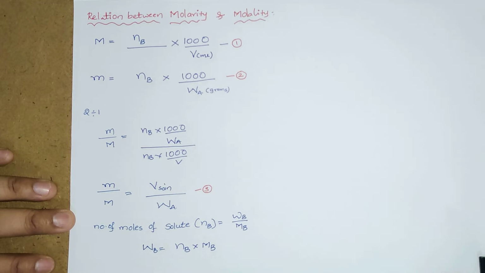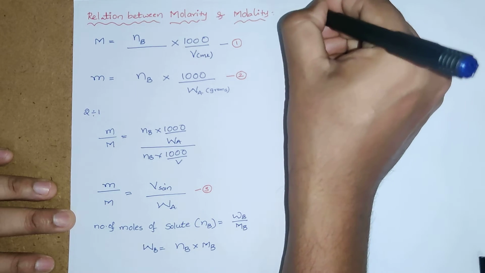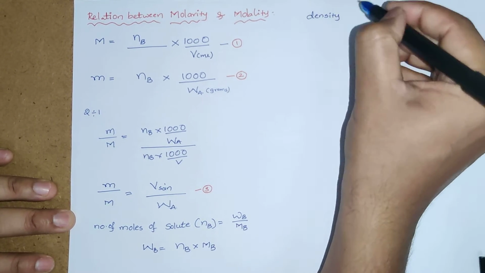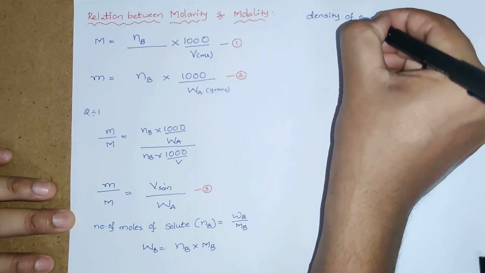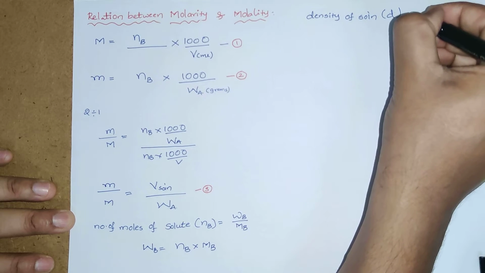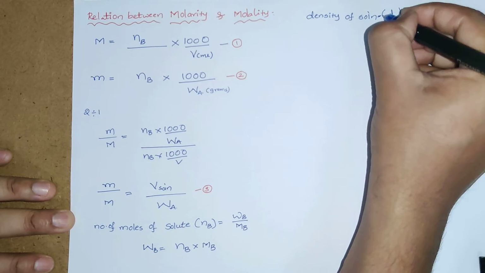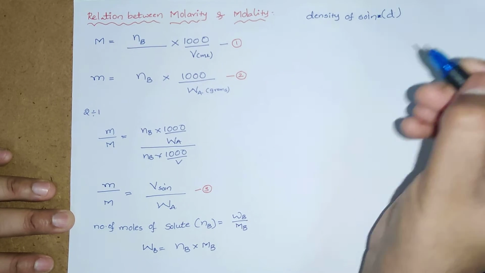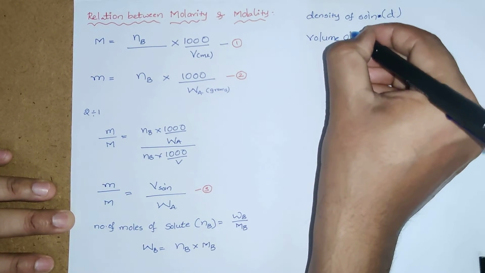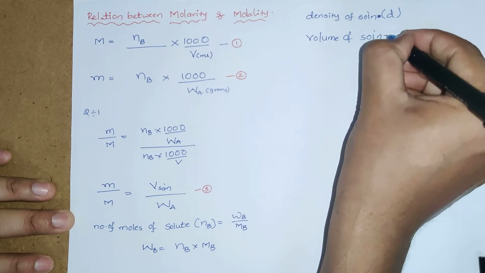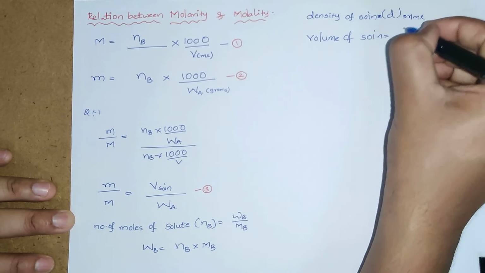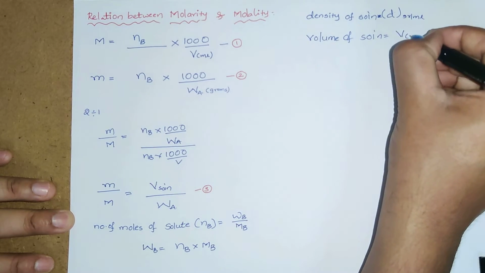So here let us consider density of solution. Density of solution, that is D, is equal to mass of solution by volume of solution, in grams per ml, where the volume of solution is in ml.